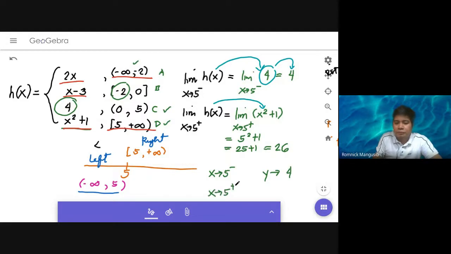Right of 5, ang y gets closer to 26. I-compare mo tong dalawa, left and right. Do they both exist? Yes, because 4 and 26 are real numbers. Are they equal? No, obviously, 4 is not 26.